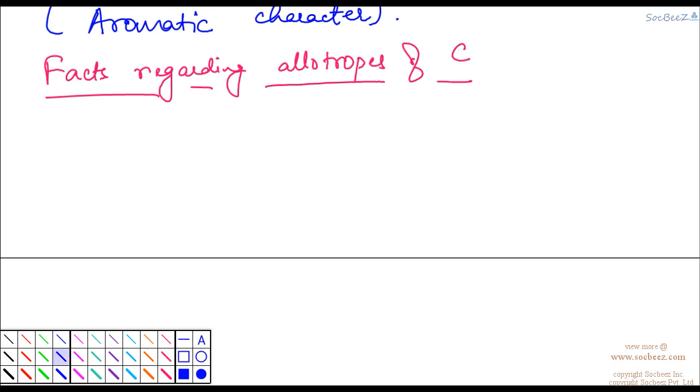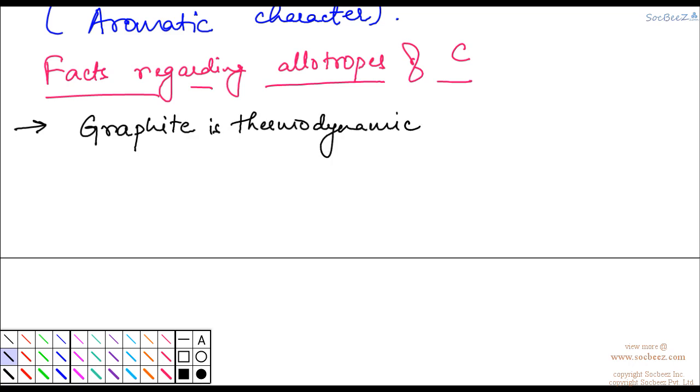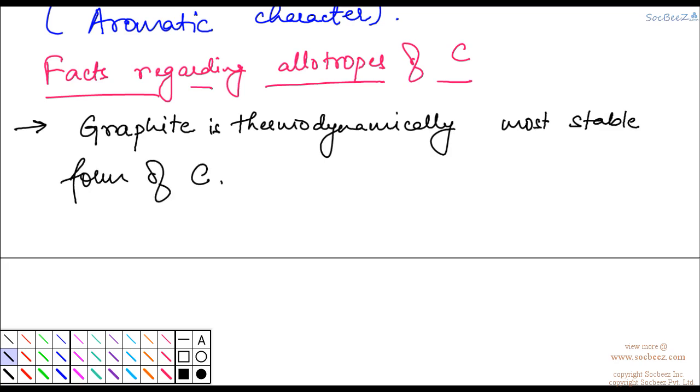The first fact which I would write down is that graphite is the thermodynamically more stable form of carbon.